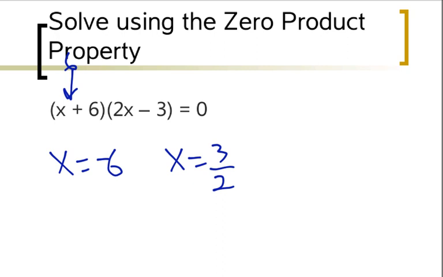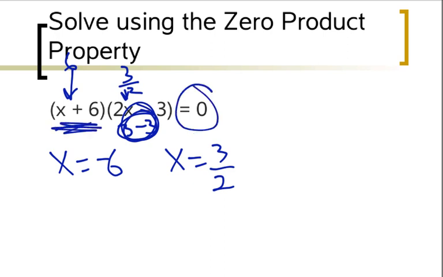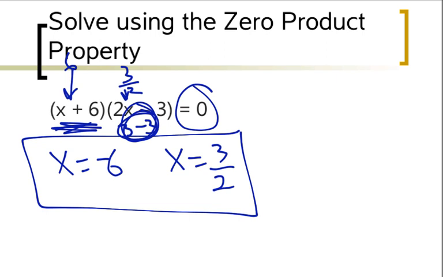Now, if I was to take 3/2 and plug it in for x here, this would turn into 3 minus 3, which is 0. So this is 0 times whatever the first parentheses is, doesn't matter, the answer will be in fact 0. So again, I'm just showing you that the answers, whatever you get, if you plug them back in, it should make the equation equal to 0 and make the true statement.